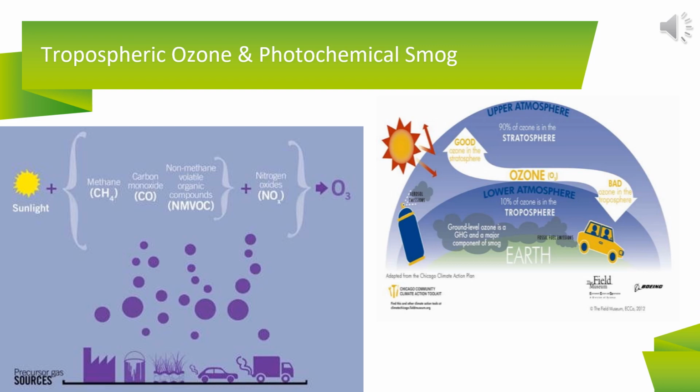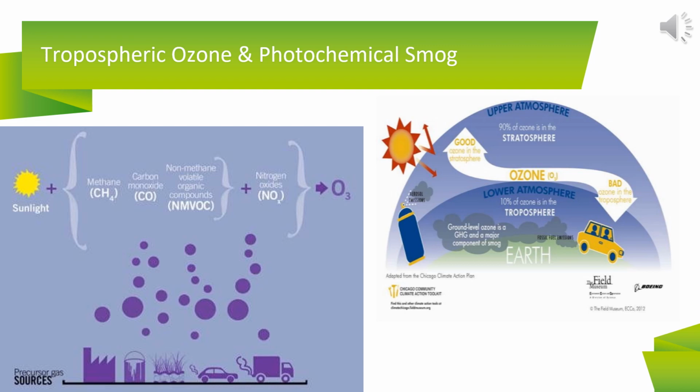Tropospheric ozone is bad. Tropospheric ozone is a pollutant. Tropospheric ozone typically forms from nitrogen oxides and VOCs in the atmosphere that interact with sunlight and form O3. That O3 is a major component of what we call photochemical smog.